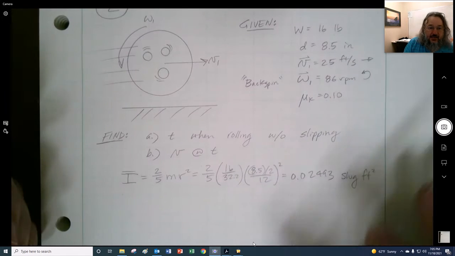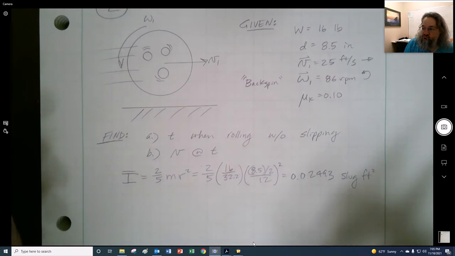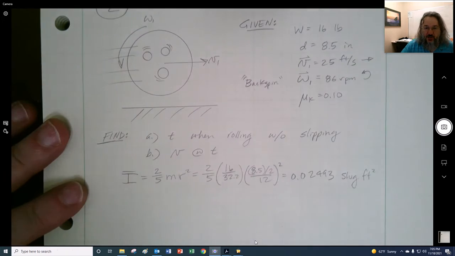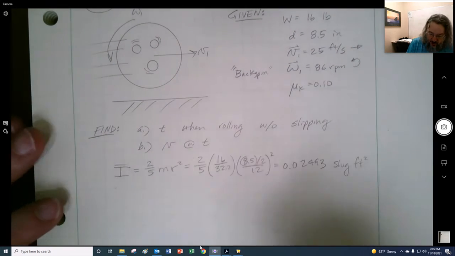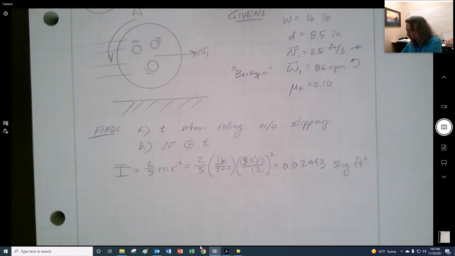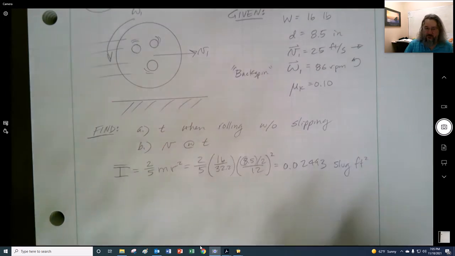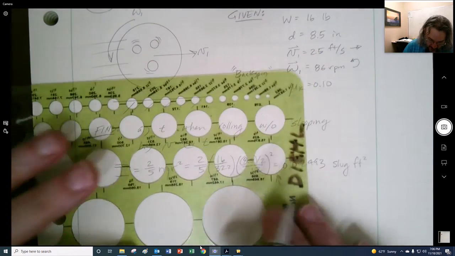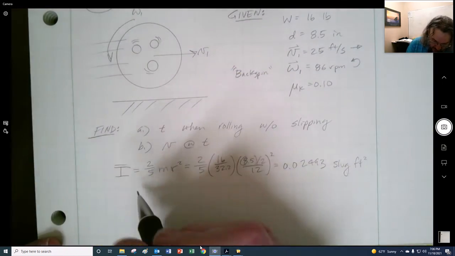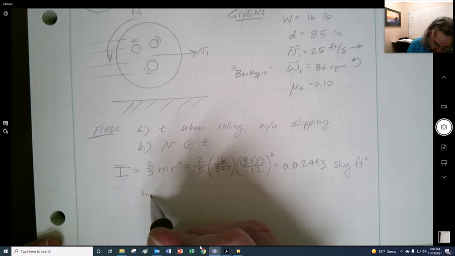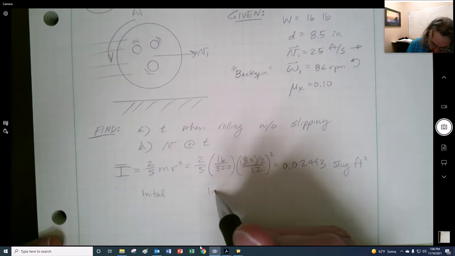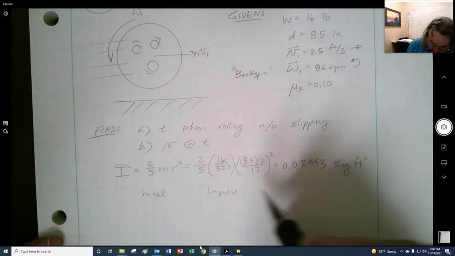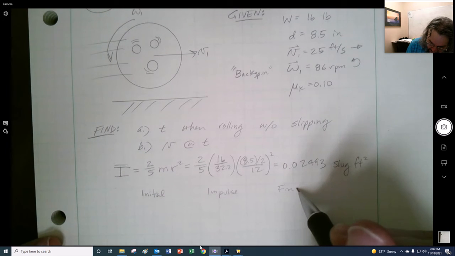Okay, and what else do I want to do now? I think I'm okay for here. Let's draw our little diagrams. All right, so first off, let's see, how big am I going to make it? I'm going to have initial, impulse, and then final.